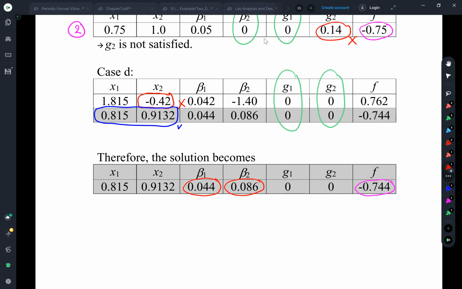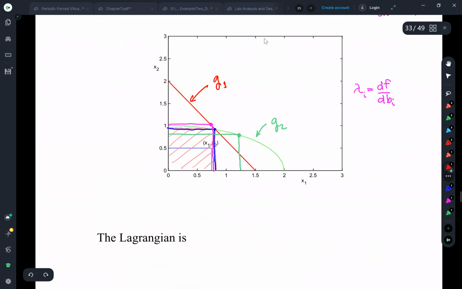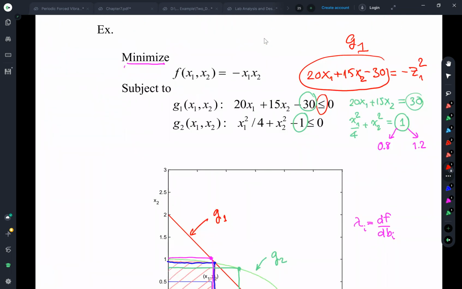See, if I have the chance to change B1 and B2 with the same rate, with the same amount, I think it's much better to push on G number 2, or B2. In other words, I will change B number 2 from 1 to 1.5.